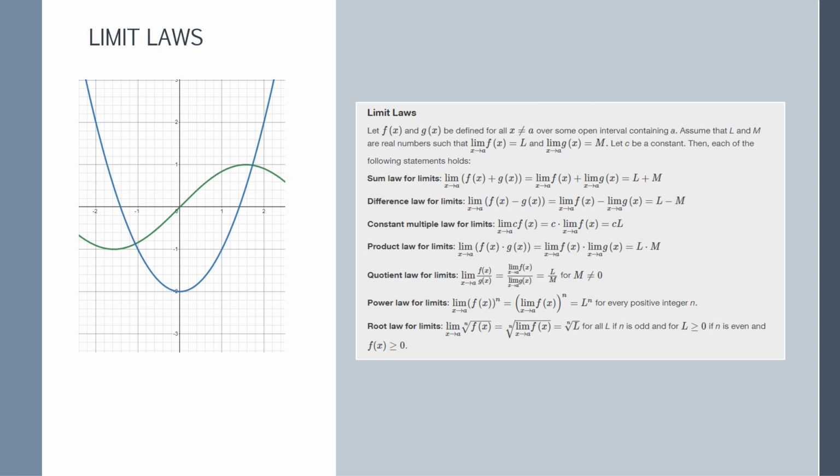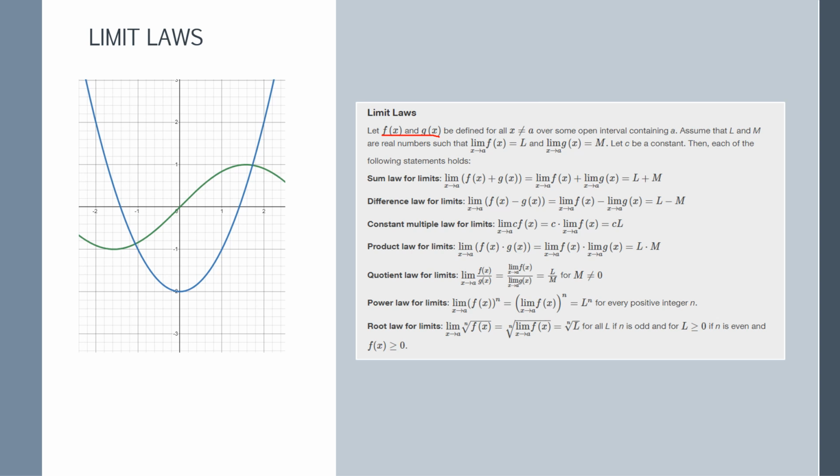Now, let's go ahead and discuss the limit laws that are a little bit more involved. So here we have two functions, let's say f and g, that are defined for all x not equal to a over some open interval containing a. This is just a rigorous part of these rules, not necessarily something that you need to memorize.